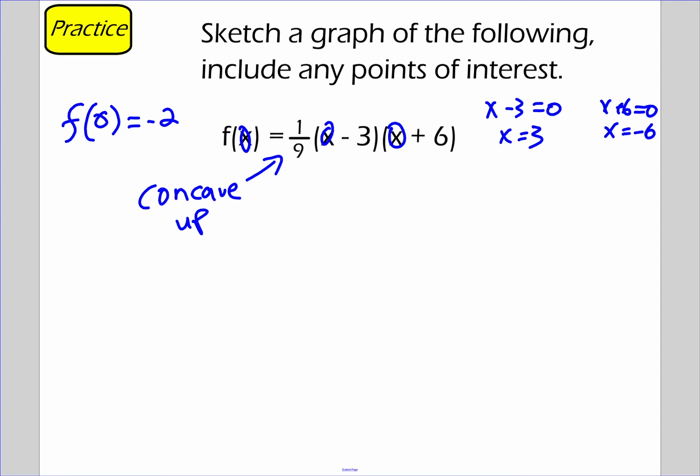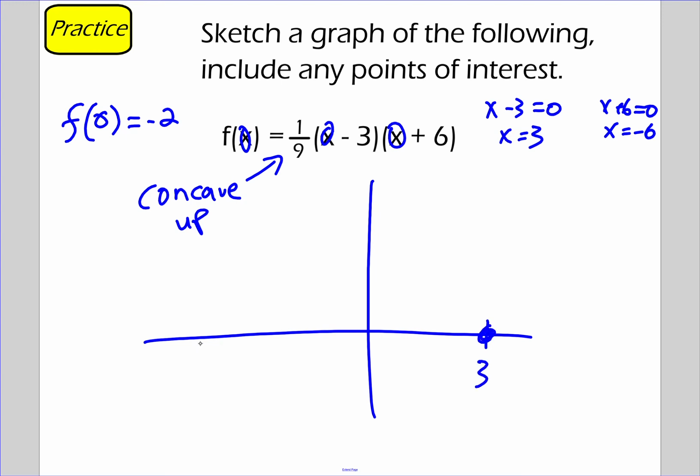The last thing to find would be our vertex. We can already start sketching this out. We know we've got a 0 at 3, and a 0 at -6, and our y-intercept of -2.